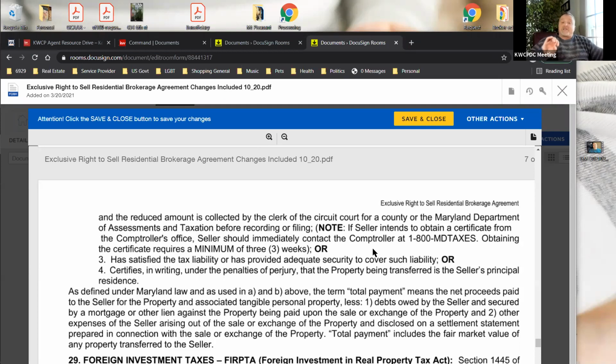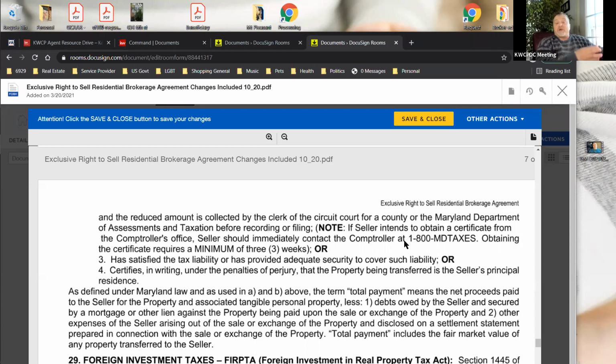So if this is potentially an issue when you take this listing, you ought to have the seller contact this 1-800 number to find out if their scenario is going to require taxes to be withheld, and if so, how much those taxes are, and if they can get a certificate to be presented at the settlement table, then they can avoid the payment of the tax.